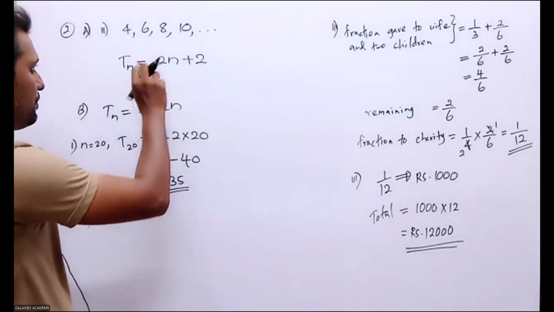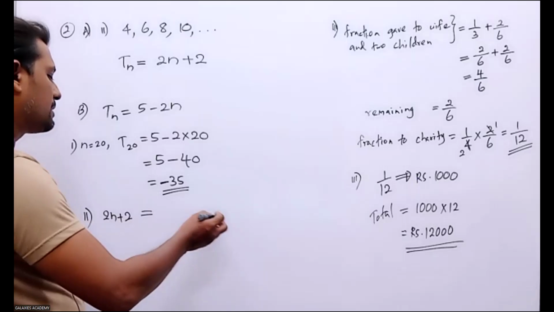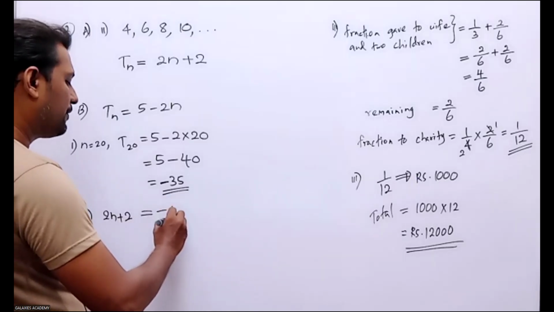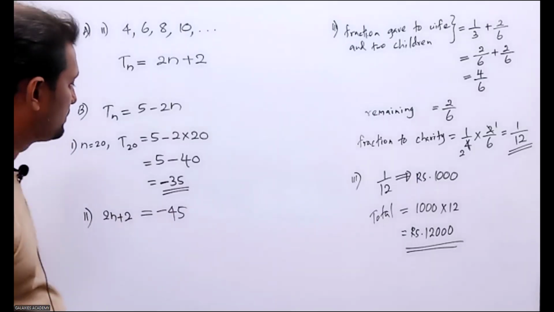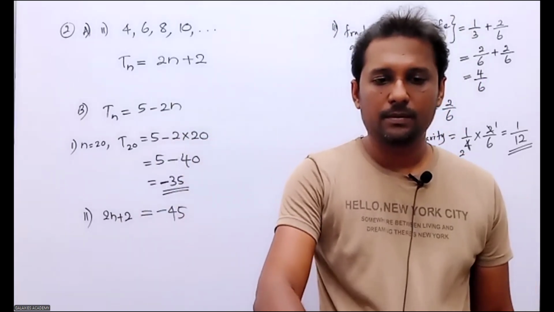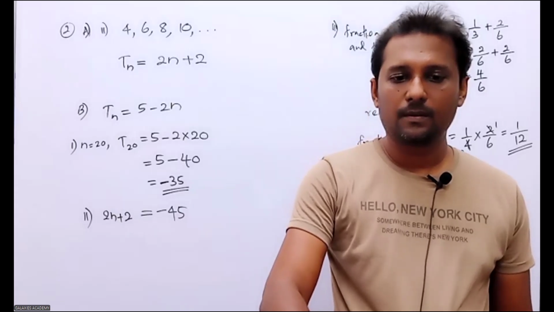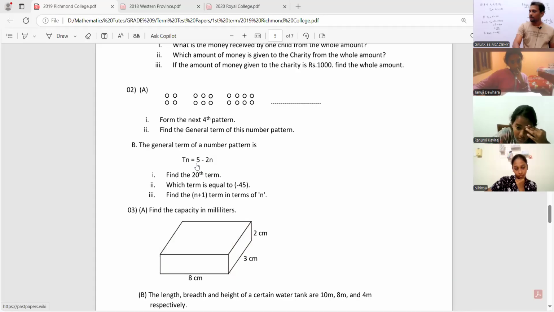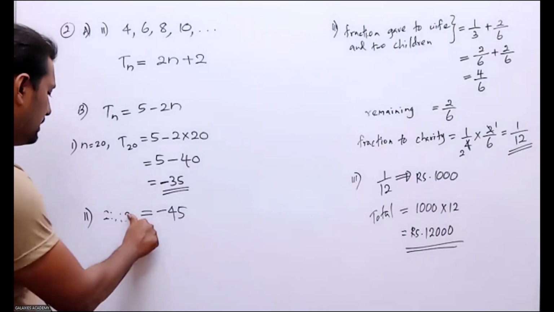One side should be the general term, and the other side should be the given value, negative 45. Sorry, the general term is 5 minus 2n. I wrote the previous part. General term 5 minus 2n. Okay, here 5 minus 2n.